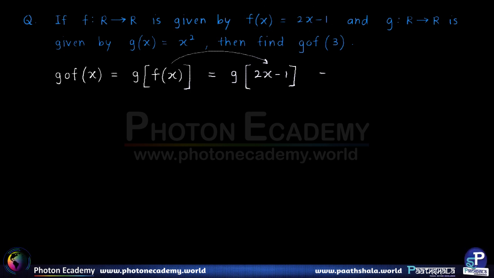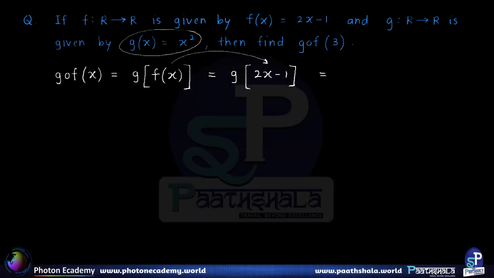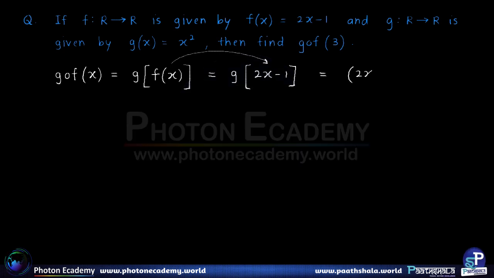Now moving ahead, the definition of g of x is equal to x square. So whatever comes in as an input to g, the output is the square of that. So therefore if we have g of 2x minus 1, the result will be nothing but 2x minus 1 the whole square. Right. So that's the general expression for g of f.